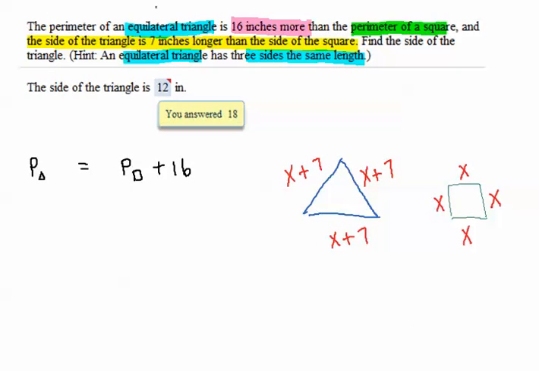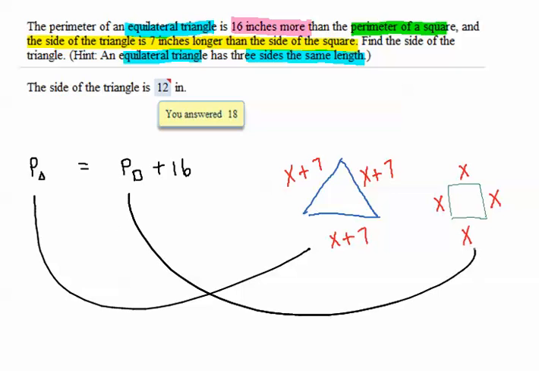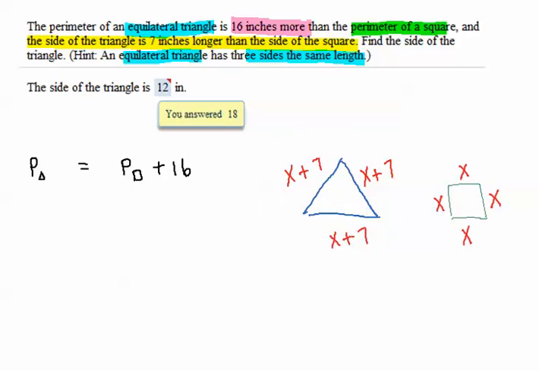Now we got to somehow start expressing perimeter, right? How do you figure out the perimeter of a triangle? You add them all. So the perimeter of the equilateral triangle is just the sum of all of them. In other words, 3 of the same thing. x plus 7 plus x plus 7 plus x plus 7. Right, so in other words, like you said, 3x plus 21.